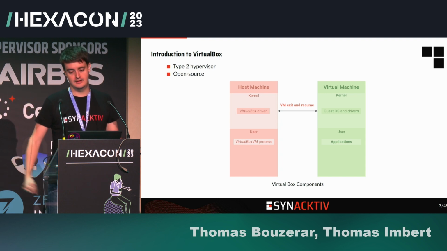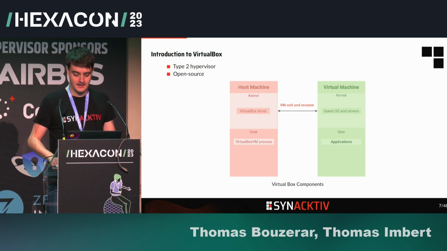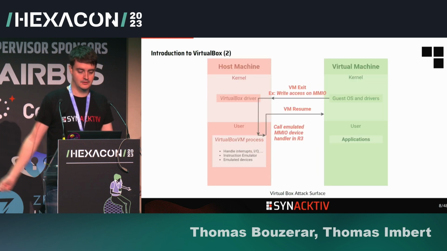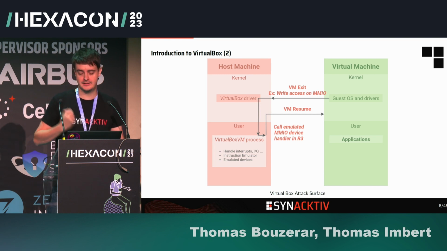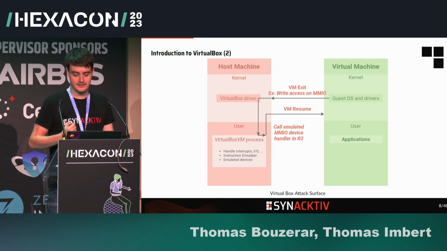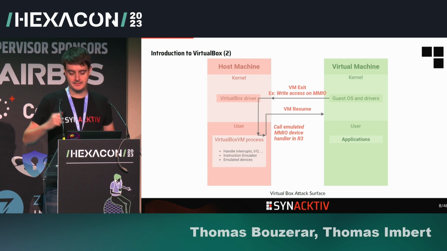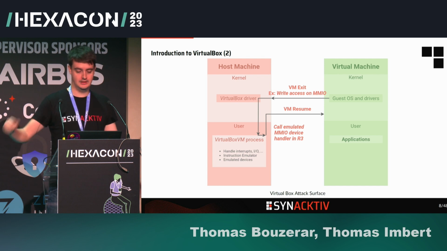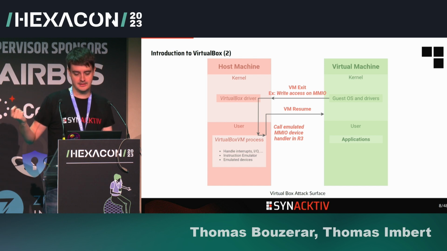So how do we do that? Actually, the virtual machine needs to have access to external devices, such as the keyboard, the mouse, the emulated disk. And all of this is handled inside the host. To get a sense of the attack surface, for example, if you hit the disk MMIO, the memory mapped IO, within the virtual machine, it will trap inside the host, and the VirtualBox driver in ring 0 will forward that access to the VirtualBox VM process.